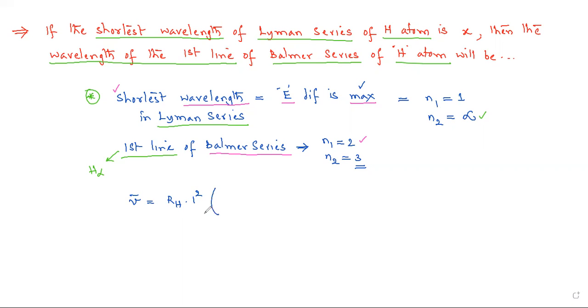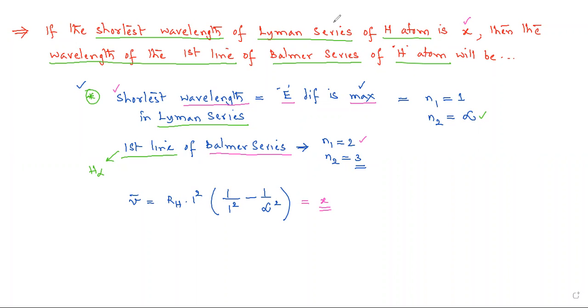Here in this case it is 1 square into 1 by N1 square minus 1 by N2 square. I am taking the first case into consideration. Now this of course is given as X. Check out the question.